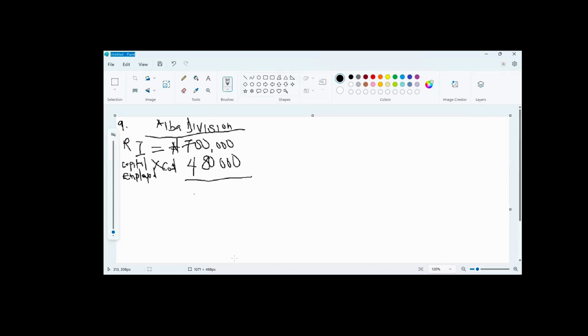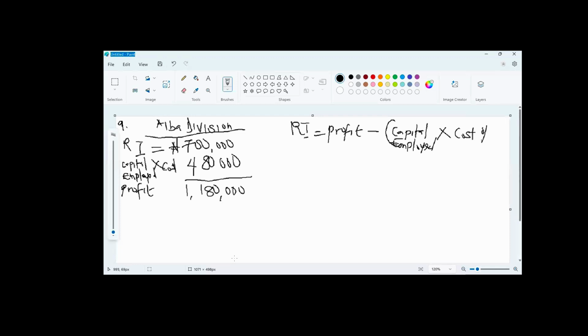This will give us the profits. Add back, what do you have? 1,180,000. To some people now, it's like magic. Residual income is equal to profit minus bracket capital employed multiplied by cost of capital.